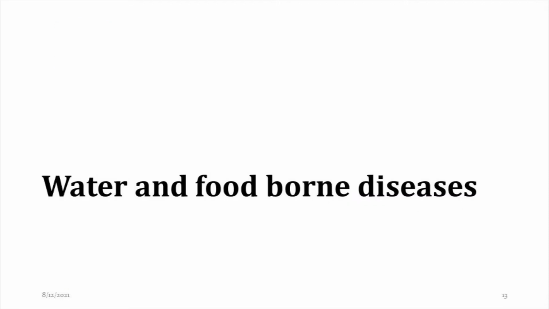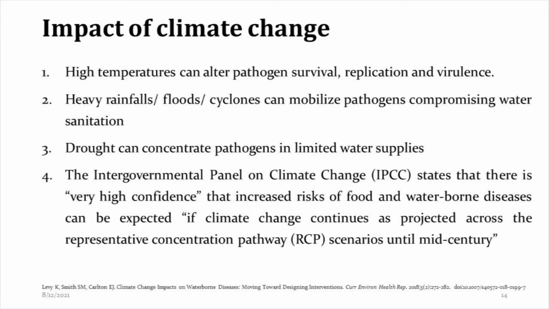Next group of diseases are the water and foodborne diseases. Impact of climate change on food and waterborne diseases are mainly due to alteration in temperature. High temperatures can alter pathogen survival, replication and virulence. Heavy rainfalls, floods or cyclones can mobilize pathogens from one place to another, compromising water sanitation.